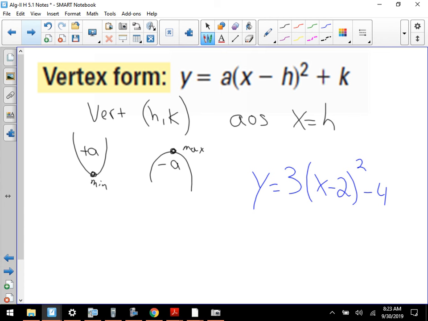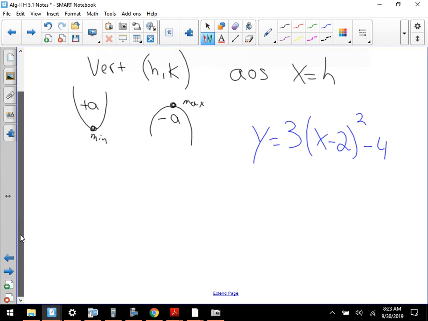The 3 things I'm going to label off of this are my A, H, and K. From just that information, you're going to be able to get everything.